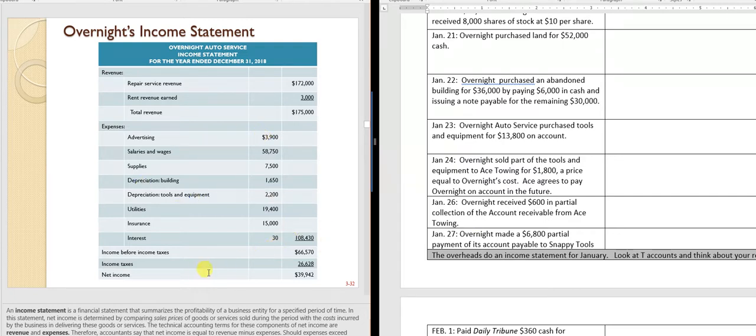I'm honestly not sure why they put it in here because we don't have the transactions to do this income statement here. All these transactions wouldn't give an income statement, we haven't done anything yet. But this is what an income statement looks like.